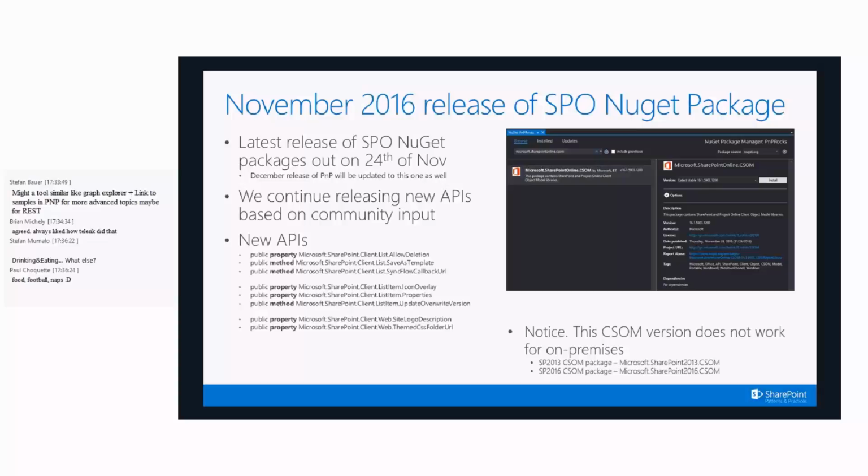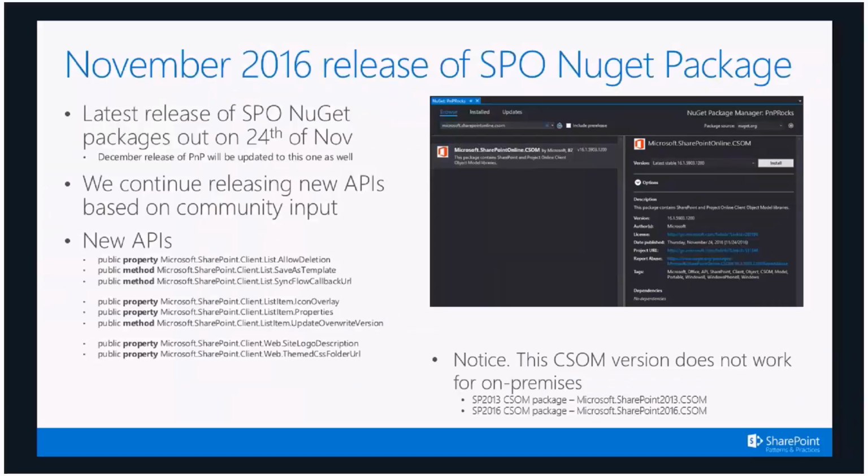Something else interesting there is client list save as template, and it might sound like, hey, what? But it actually makes a lot of sense, even though that is still an STP file, which is slightly scary, but it actually works pretty well in SharePoint Online. So you're able to save lists as a template remotely, and then those will be available for end users to choose from.